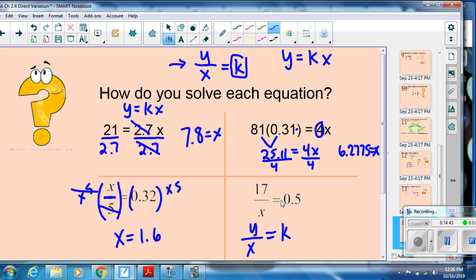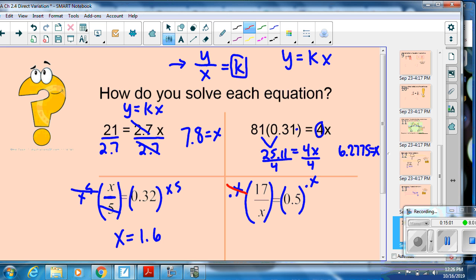So how would I find x in this case? Well, x is in my denominator. In other words, it's divided by x. If I want to undo divided by x, I'm going to multiply each side by x, right?